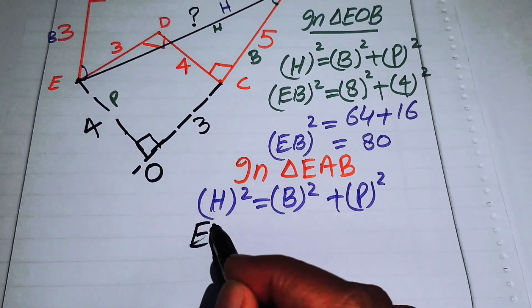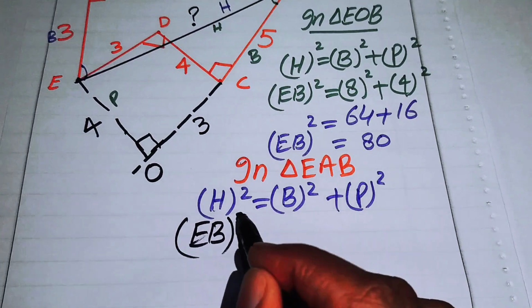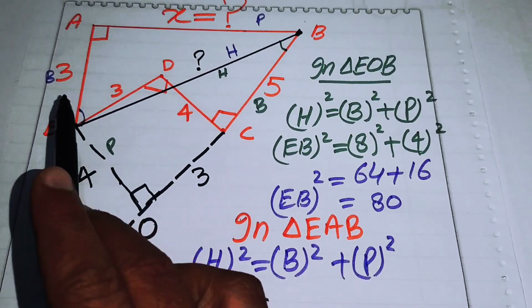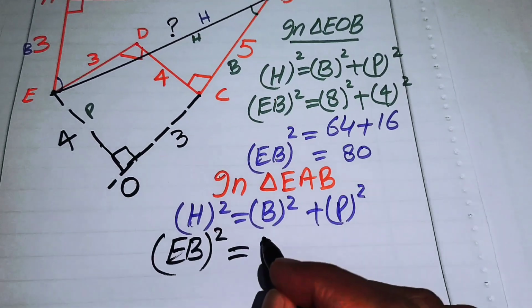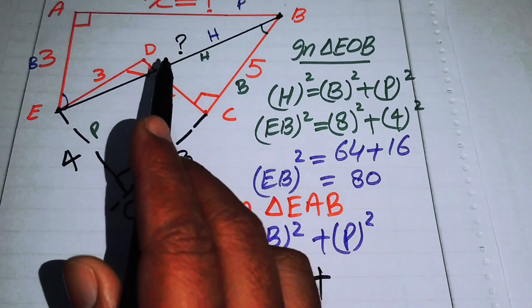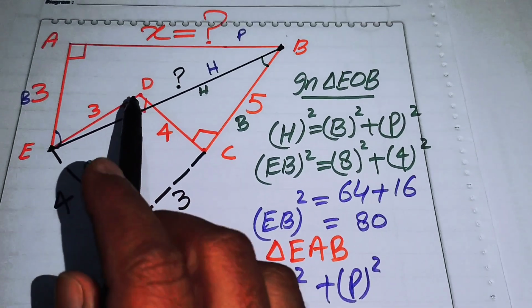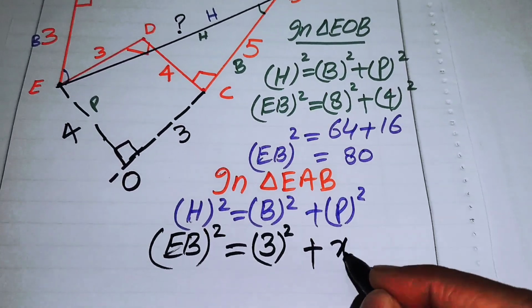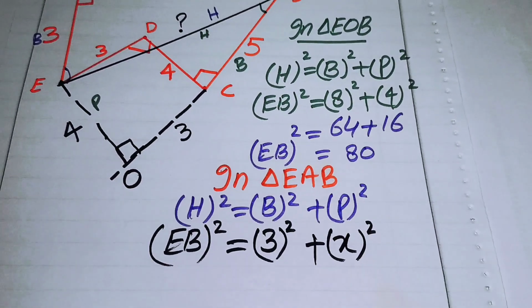Our hypotenuse squared, EB square, equals our base squared, which is 3 squared, plus the perpendicular squared, which is x square, the value we want to find. Above we found EB square equals 80, so we put 80 equals 3 squared, which is 9, plus x square.